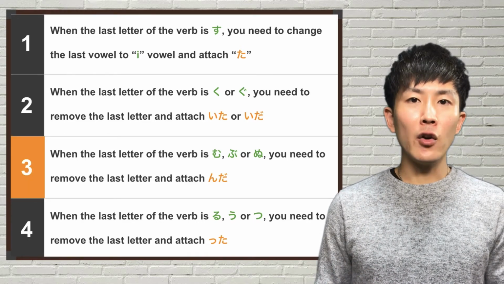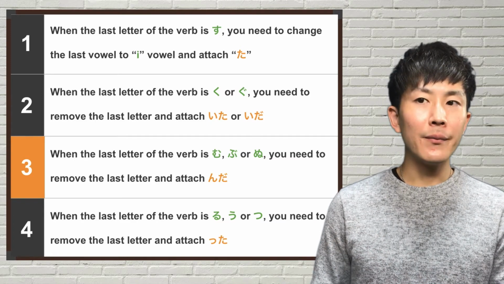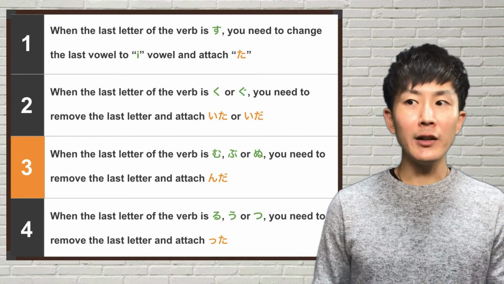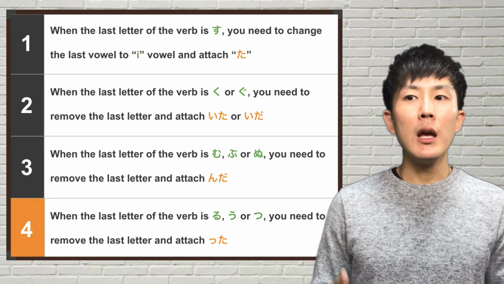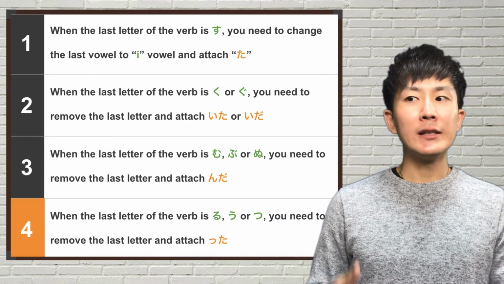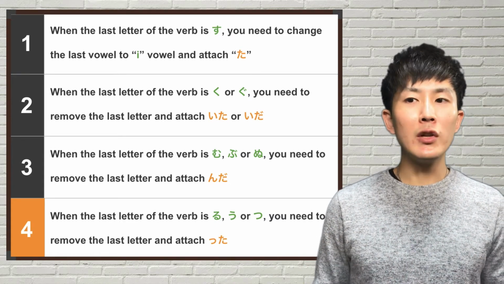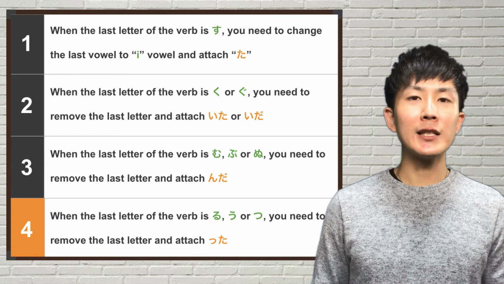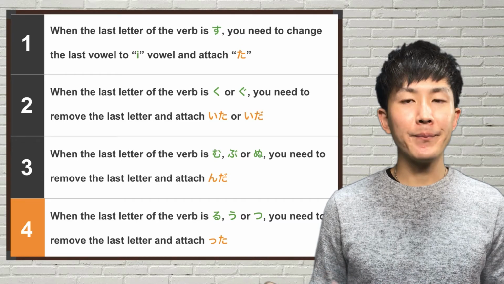When the last letter of the verb is む, ぶ or ぬ, you need to remove the last letter and attach んだ. Category 4. When the last letter of the verb is る, う or つ, you need to remove the last letter and attach た. Okay, I'm going to explain it one by one.